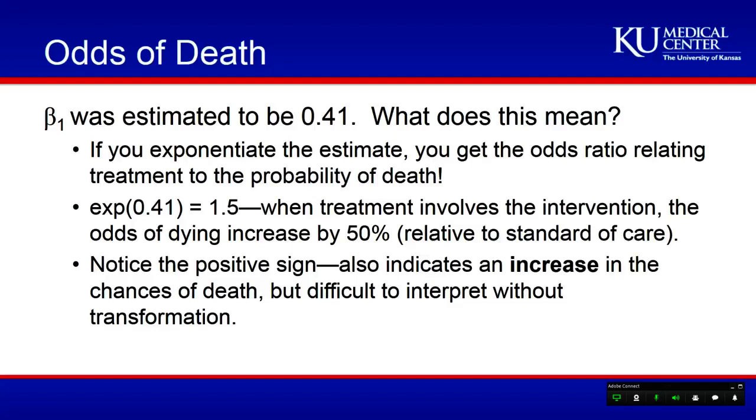So we know that there's an increasing relationship. In other words, treatment is associated with some kind of increase in the odds of death. In this case, exponentiate that, we get 1.5. Now we're 50% above 1, which means we see a 50% increase in the odds of dying in the treatment compared to the standard of care.